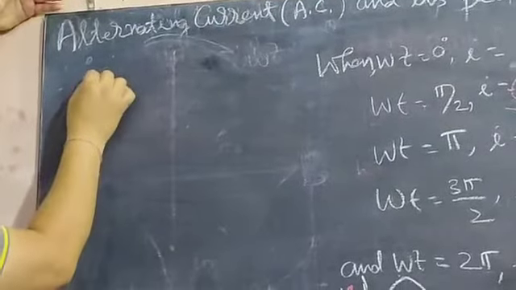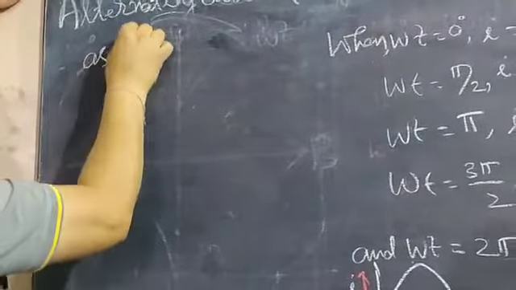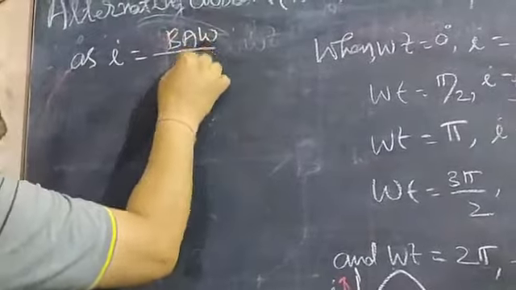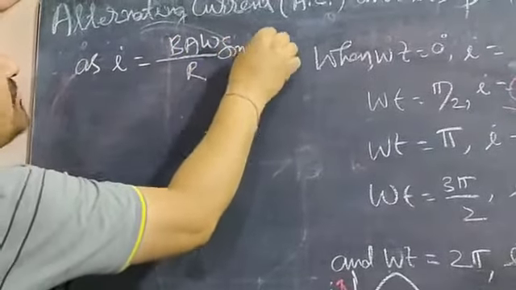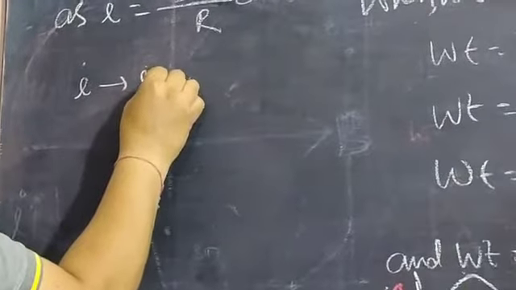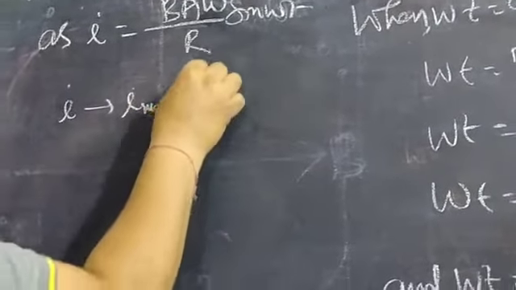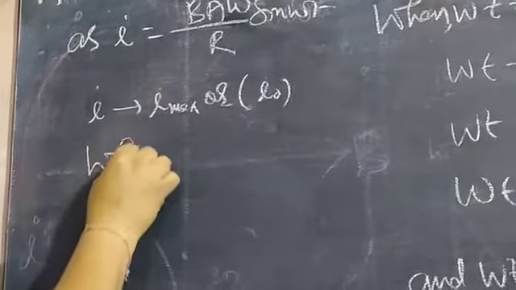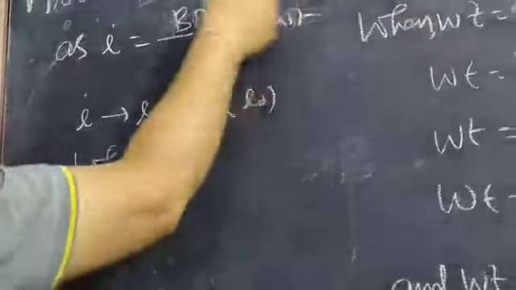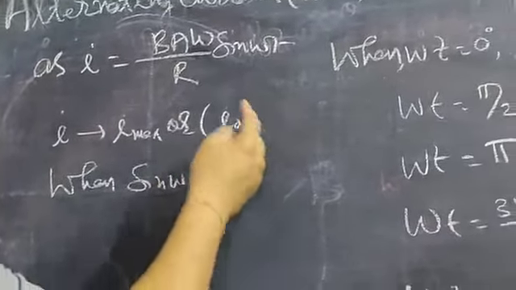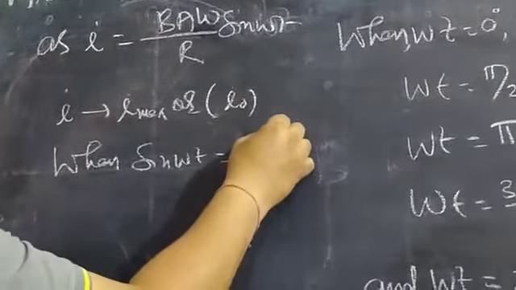So we can also understand it as I equivalent to B A omega upon R sin omega t. So now I will tend to I maximum, or it is called peak value, when this expression will be maximum, when sin omega t is maximum, plus minus 1.